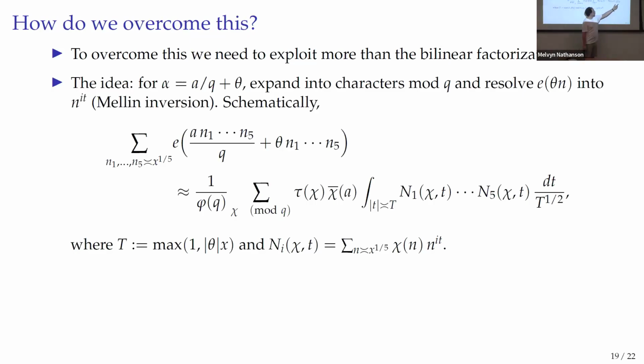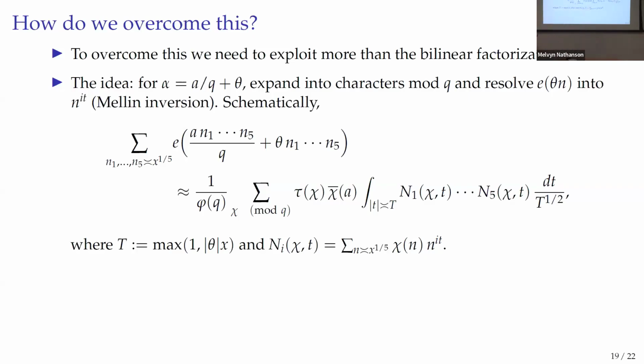And here you're also paying square root of T because you're transforming theta into n^(it). So you pay square root of T in both Fourier transforms, except that this is a finite field Fourier transform, and this comes from stationary phase, so oscillatory.